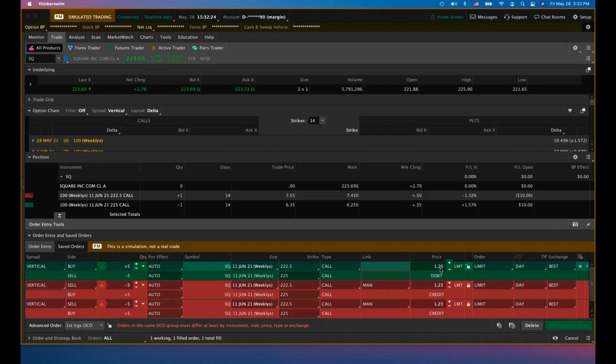If the price of this vertical reduces, then I'm losing money. You with me so far? How much am I willing to lose? Let's go 50% and say that if the price of this vertical goes down to say 60 cents, 0.60, then that should take me out.